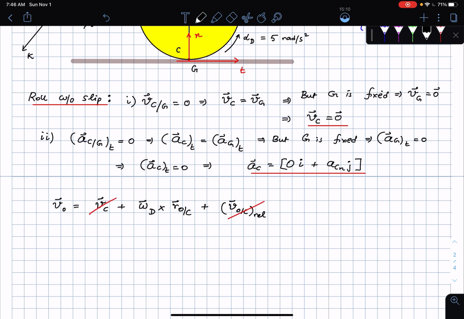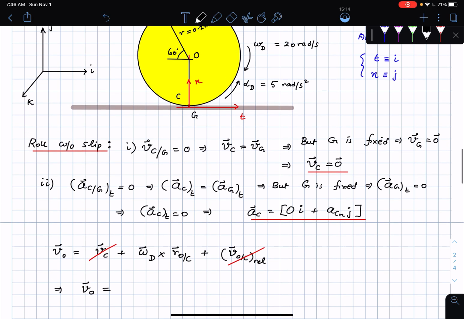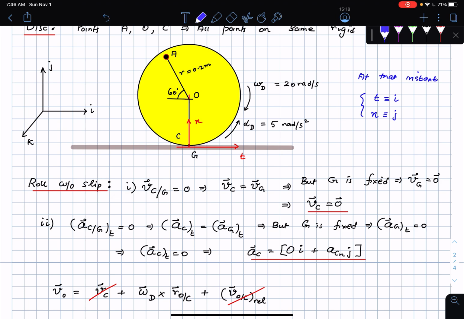VC is also gone, which implies that V of O is omega of the disk, which is in the K direction. So that's something that we could have written down here. Omega of the disk is minus 20K radians per second. Alpha of the disk is given to us as 5K radians per second squared. This is based purely on the figure.